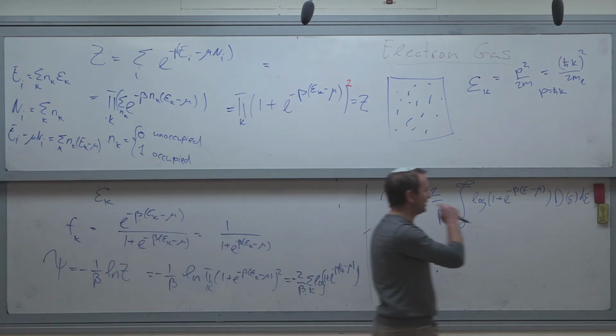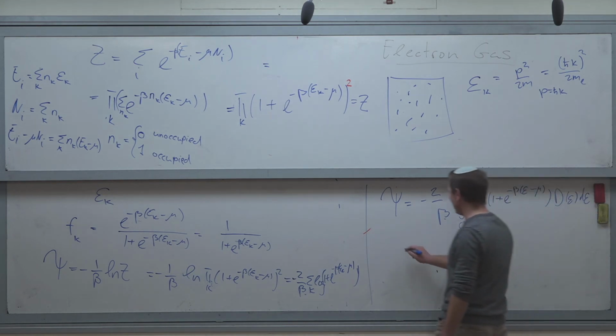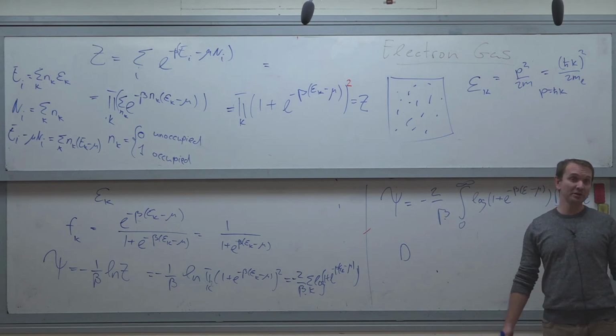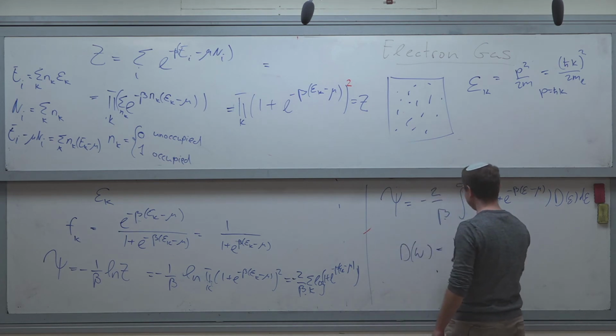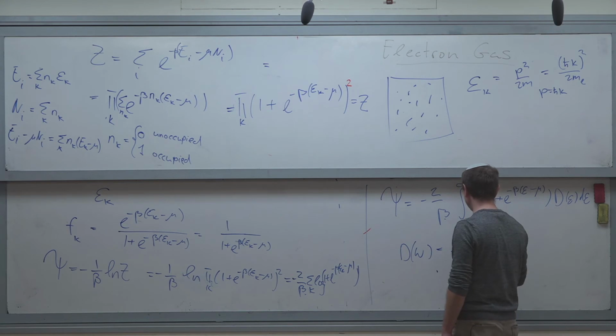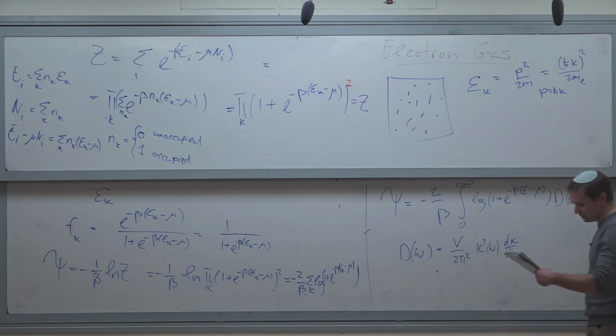How do we determine this D of epsilon? Remember, we determined D of omega, not of epsilon. What was D of omega? D of omega was the volume of our box divided by 2 pi squared, k squared of omega, dk d omega, right?